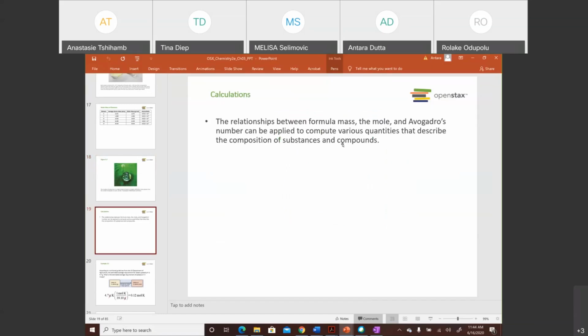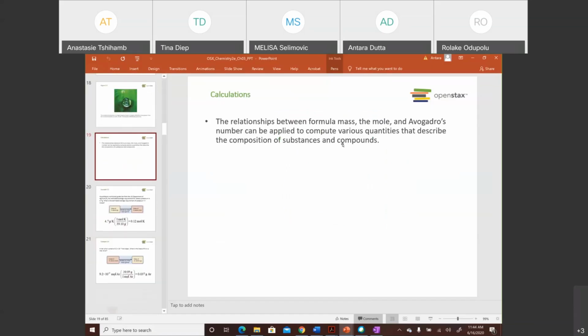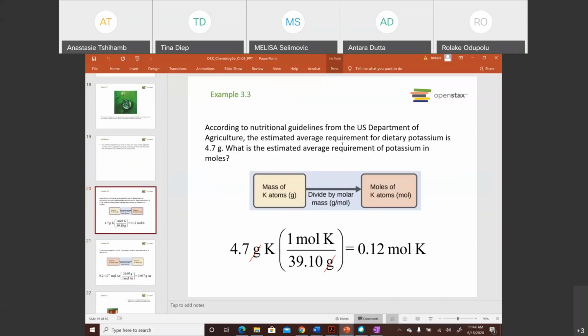Okay, so the relationship between the formula mass, the mole, and the Avogadro number can be applied to compute different quantities. Okay, so the first one that we are converting, you see grams to moles. If you are given some grams, can you convert to how many moles? So this is our problem. According to the nutritional guidelines from the US Department of Agriculture, the estimated average requirement for dietary potassium is 4.7 grams.